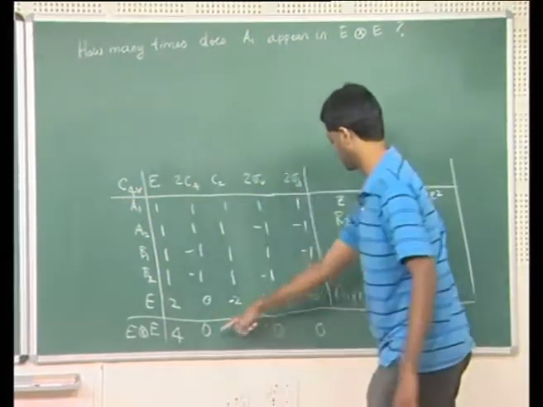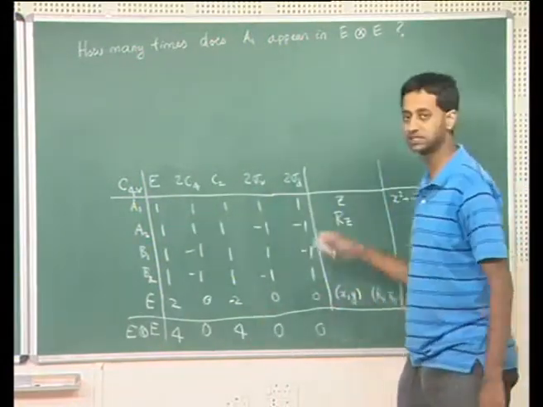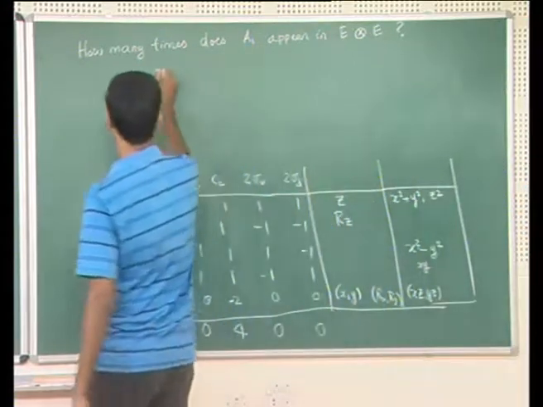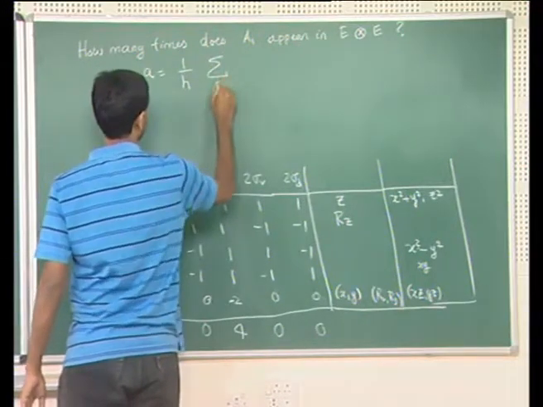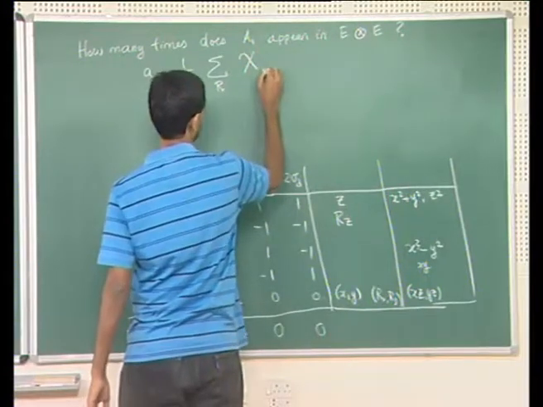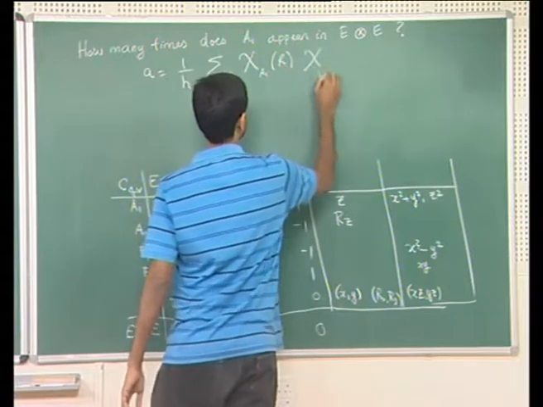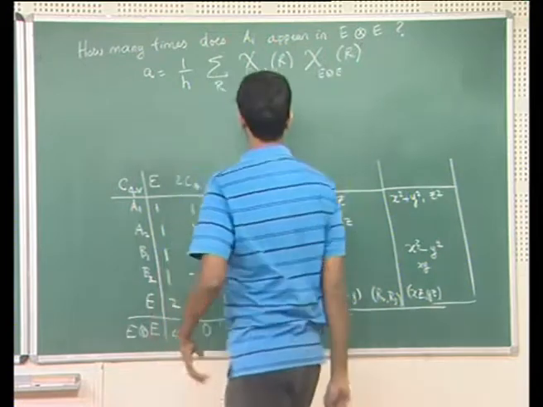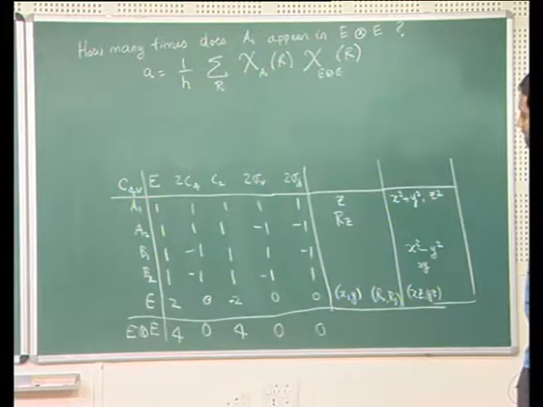E cross E has these characters, A1 has these characters, and the answer is a equals 1 by h, sum over all R, chi of A1 of R times chi of E cross E of R. You just take a product of the characters in A1 and E cross E.